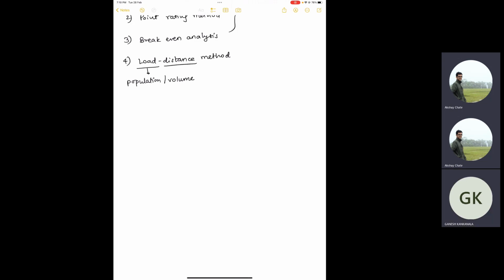That's the special thing to calculate load distance between 2 points.